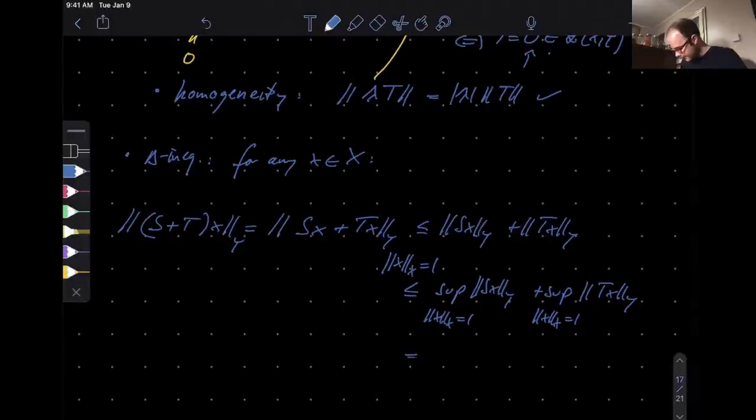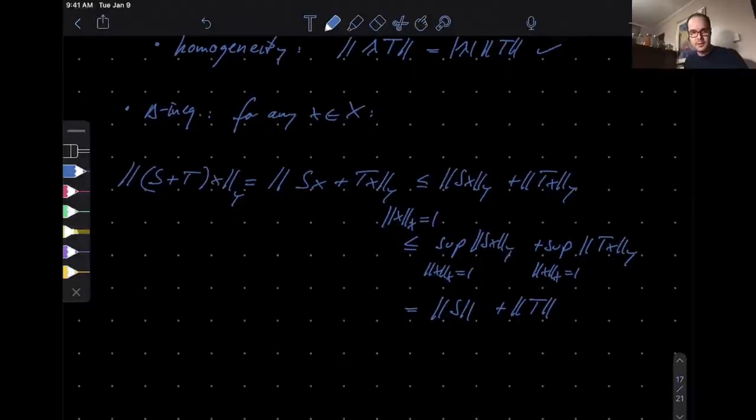These two quantities, the first one is precisely the operator norm of S, the second one is precisely the operator norm of T. So what you have shown is that for all vectors x on the unit sphere, that quantity on the left is at most the sum of those two quantities on the right.